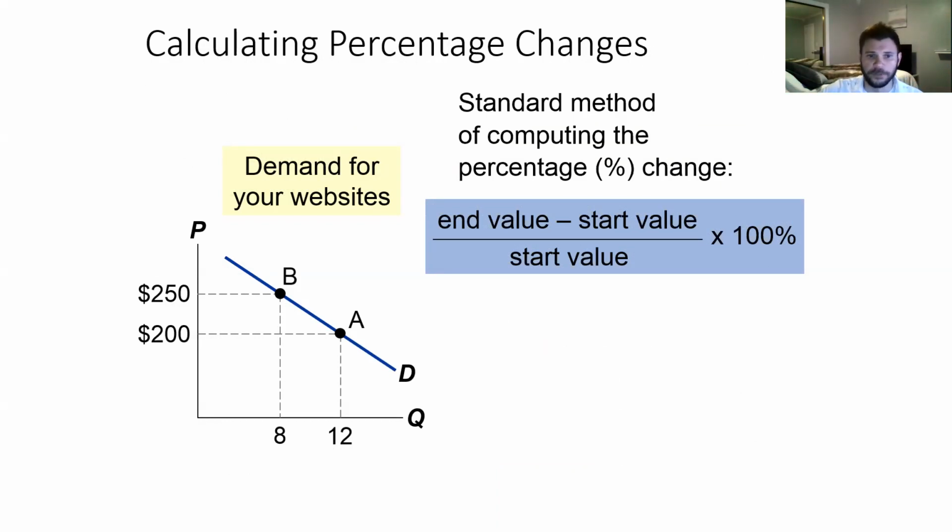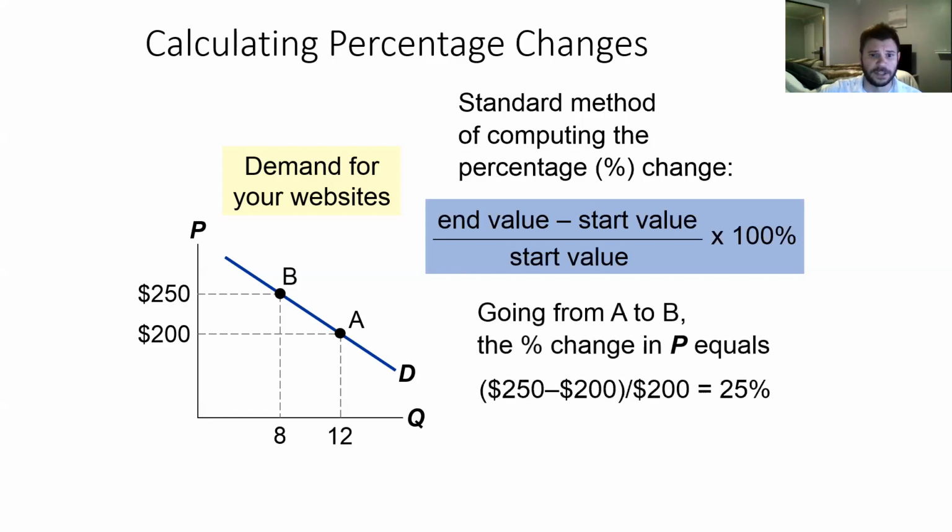If we were moving from A to B, then calculating the percentage change in the price means the ending price would be 250. The initial price is 200, and as a fraction of 200, it looks like the price goes up by 25%, right? There's a $50 increase on a $200 price, which is a 25% increase on the old price.